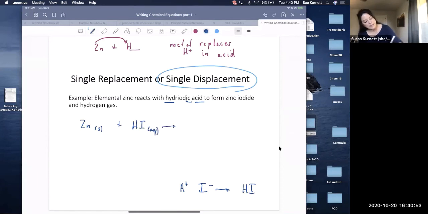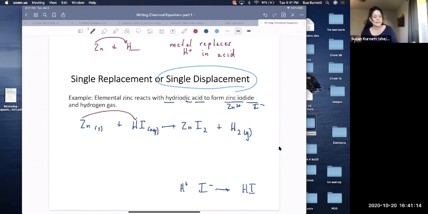To form zinc iodide, so zinc is a +2 cation, iodide is a -1. We're going to need 2 iodides. And hydrogen gas. Hydrogen is a diatomic element. There we go. So the zinc is becoming the cation for the iodide. The zinc is replacing the hydrogen.